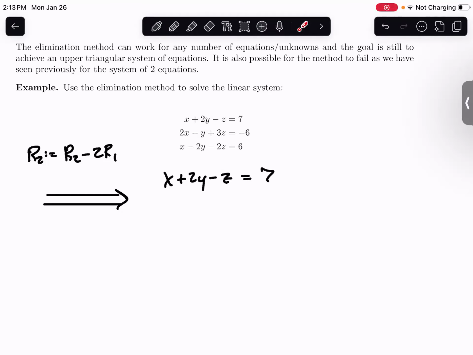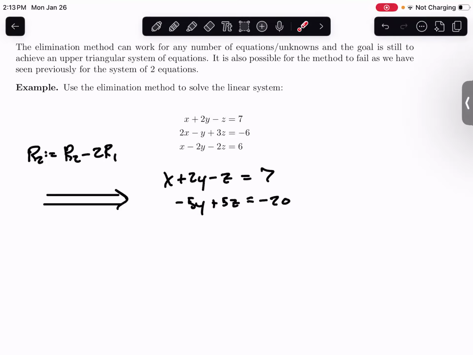Then minus 2 times x plus 2x gives you a 0. Minus 2 times 2y minus y gives you a minus 5y. Minus 2 times z plus 3z gives you a 5z. Then minus 2 times 7 plus minus 6 gives you minus 20.